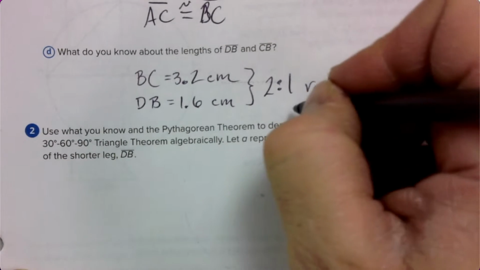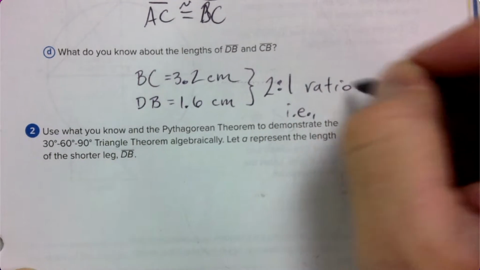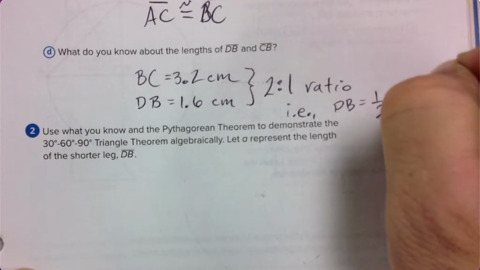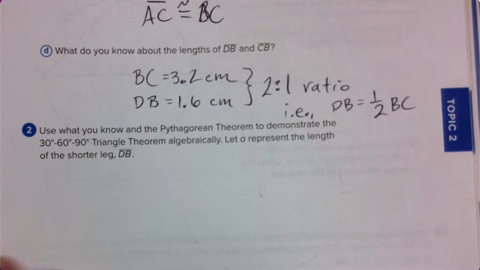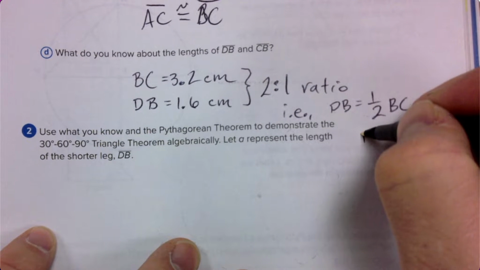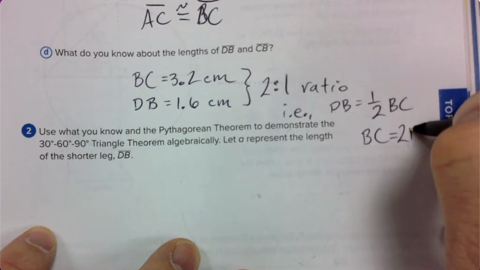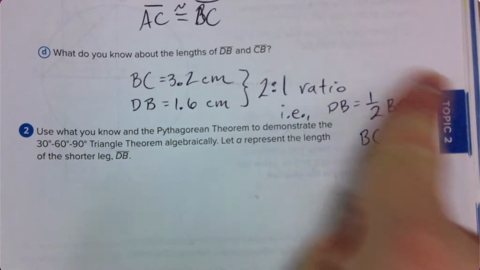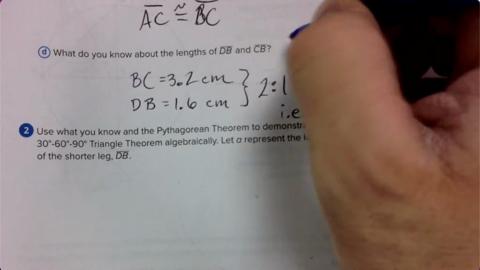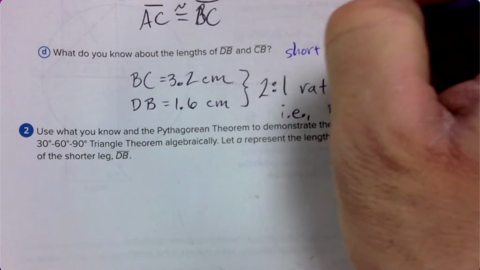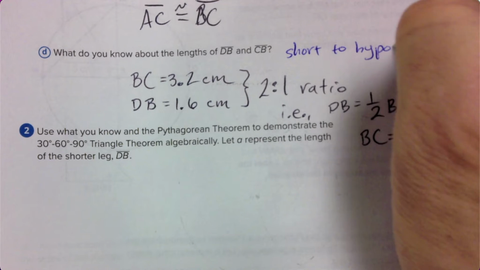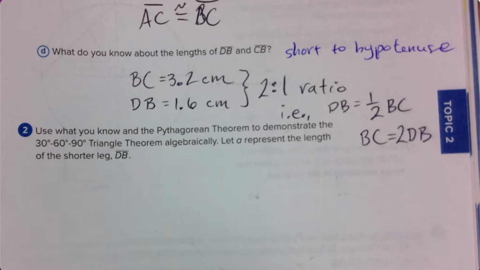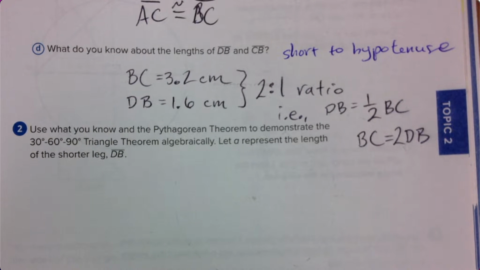In other words, DB is half of BC, or BC is twice as big as DB is. All of this is our relationship of the short to hypotenuse sides of a triangle. All right.